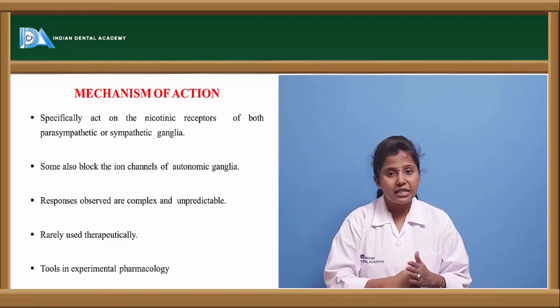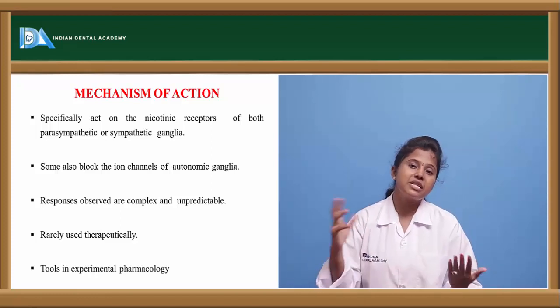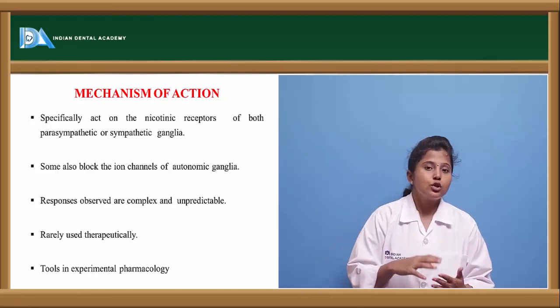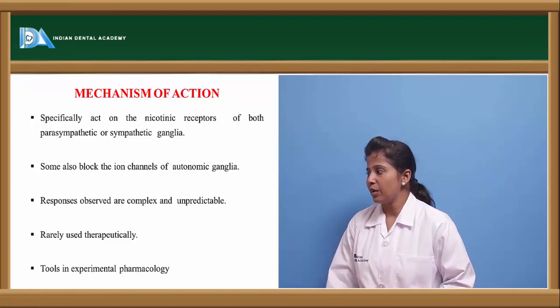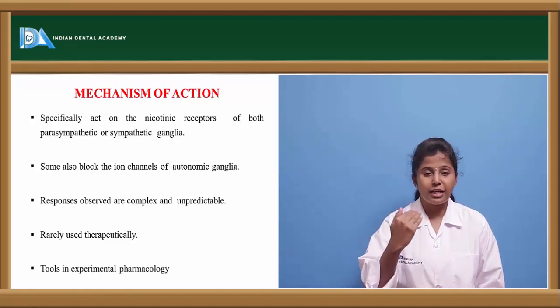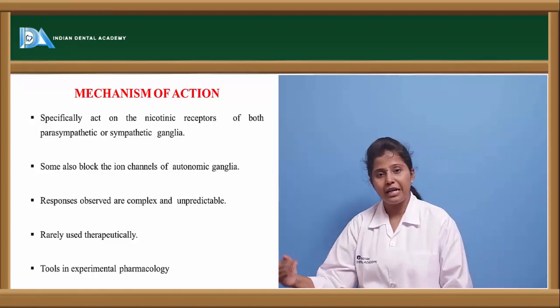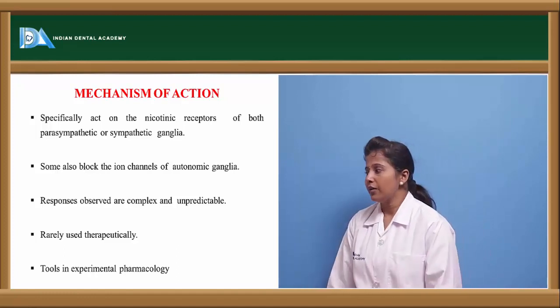If depolarization takes place, then it shows the muscarinic or nicotinic effects. In order to antagonize these effects, when the ganglionic blockade takes place, it blocks the entry of ions into the nerve endings.